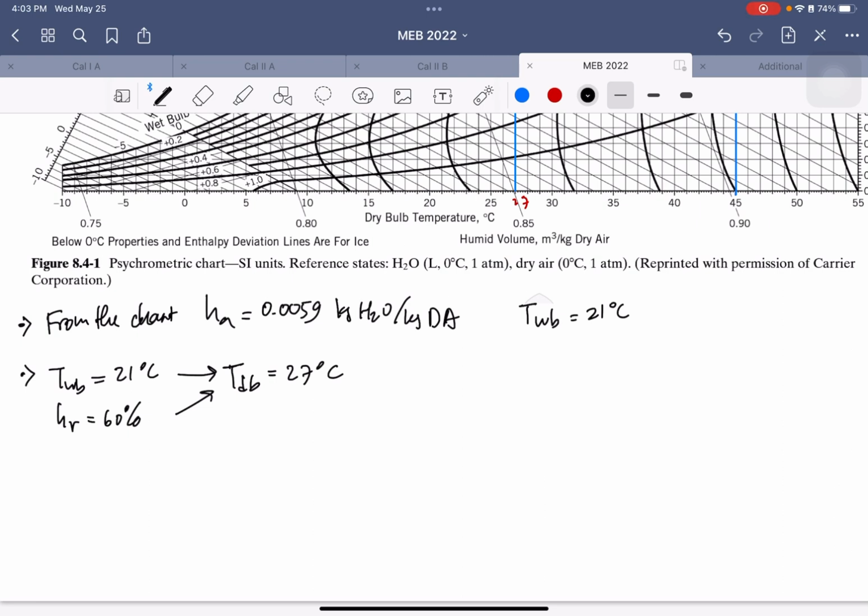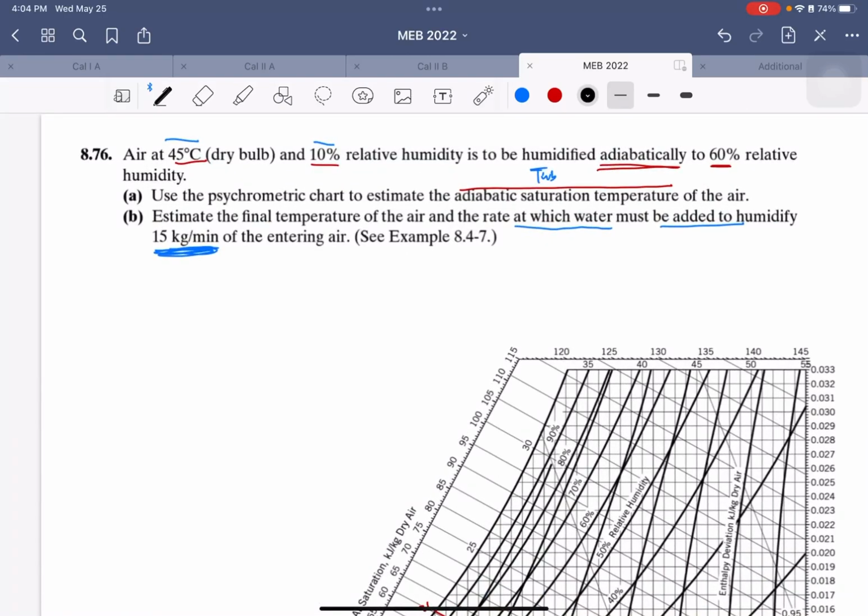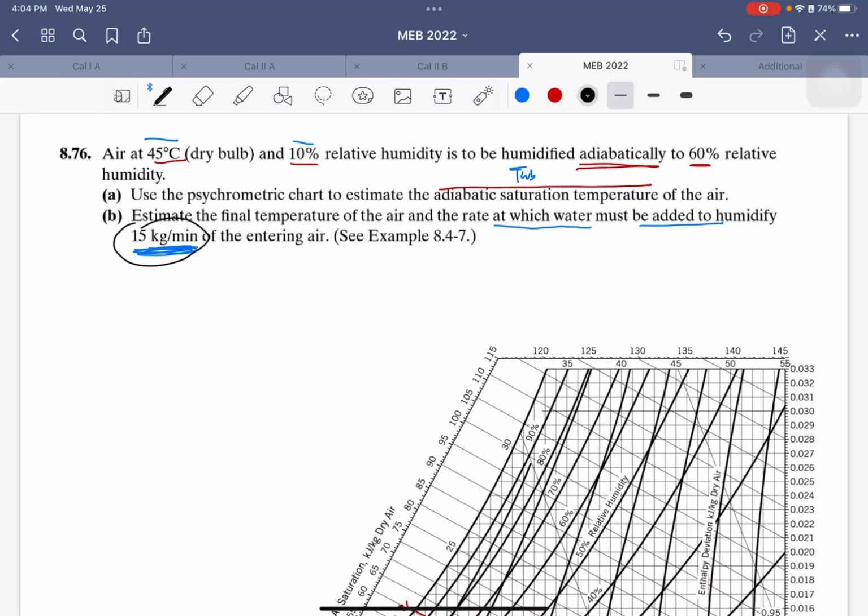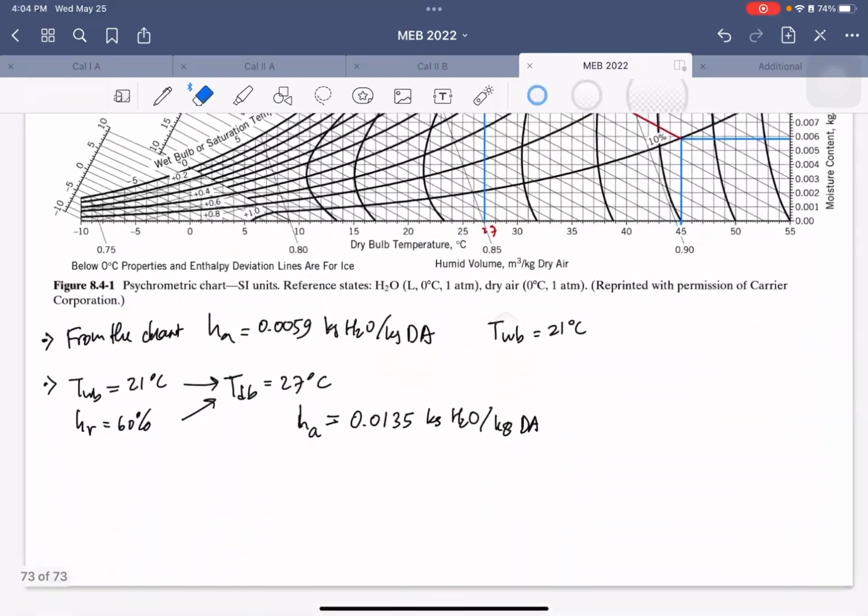And we can take the absolute humidity is around 0.0135 perhaps. And then the question is, we need to humidify this 15 kilogram per minute.